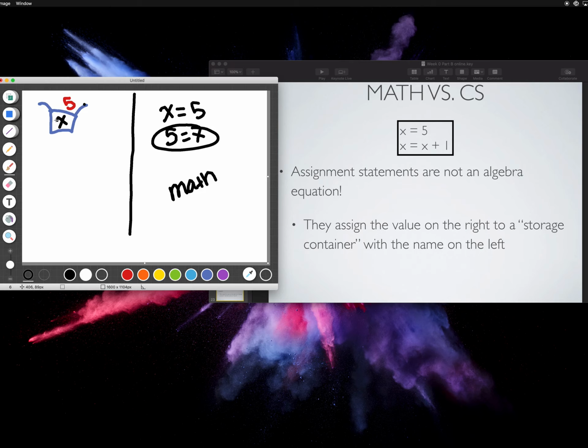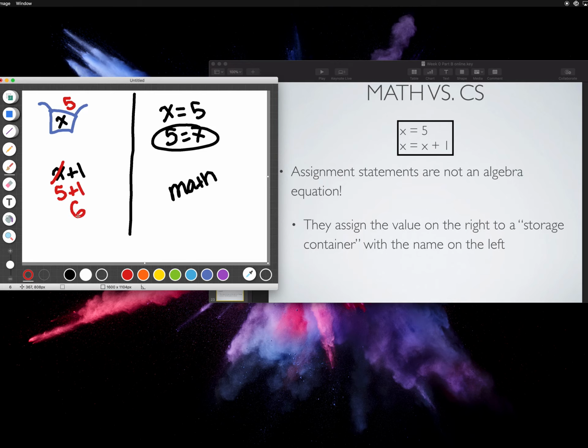This next line right here is essentially saying, hey, take this thing on the right hand side, x plus 1. We look up what x is, and we see, all right, x is 5, so we get 5 plus 1. So this whole right-hand side gives us 6, right? That's the right-hand side of this assignment statement, x equals x plus 1.